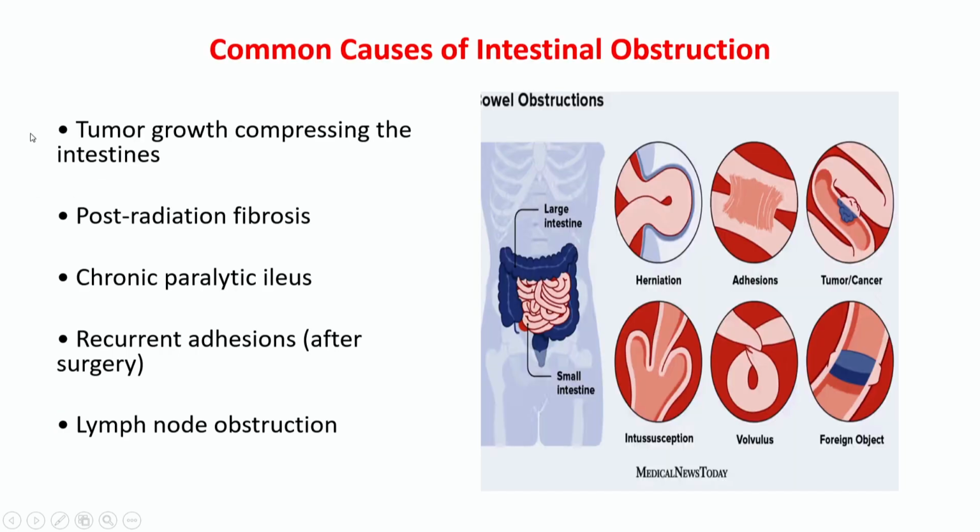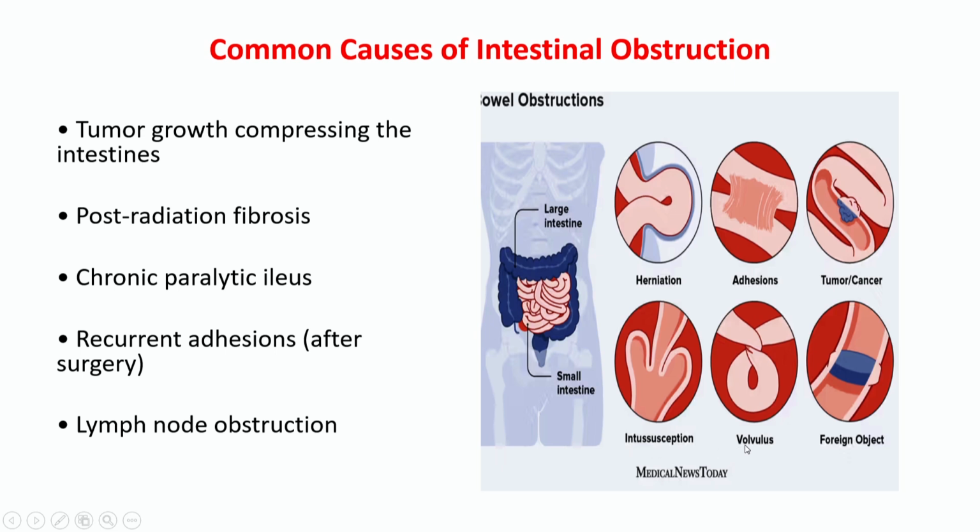How does it happen? What are the common causes? You see, hernia, adhesions, the intestine has stuck, or the intestine has come out. Tumor cancer. A tumor has developed in your intestine, which is blocking the passage.